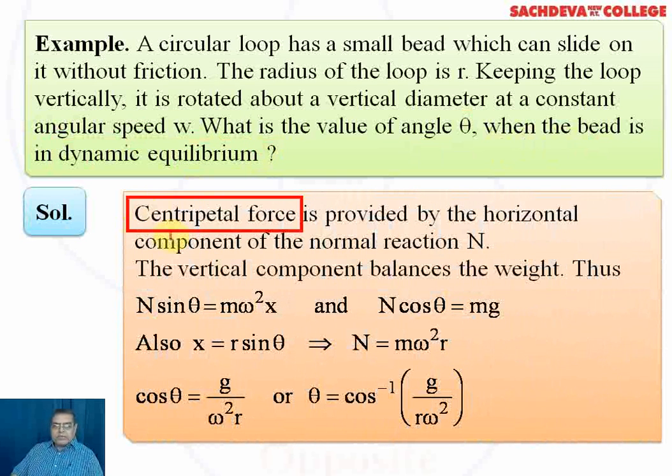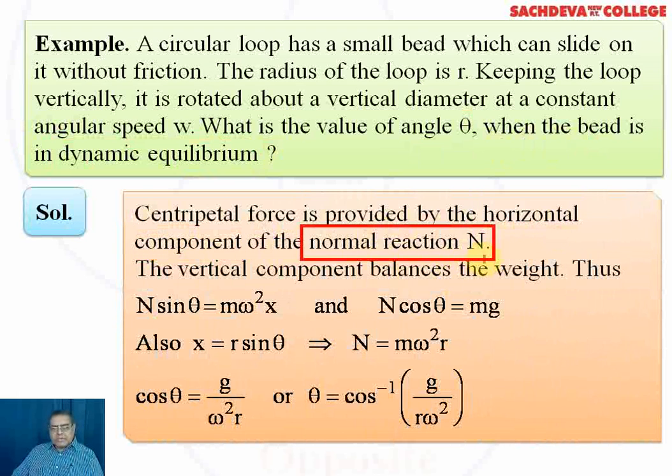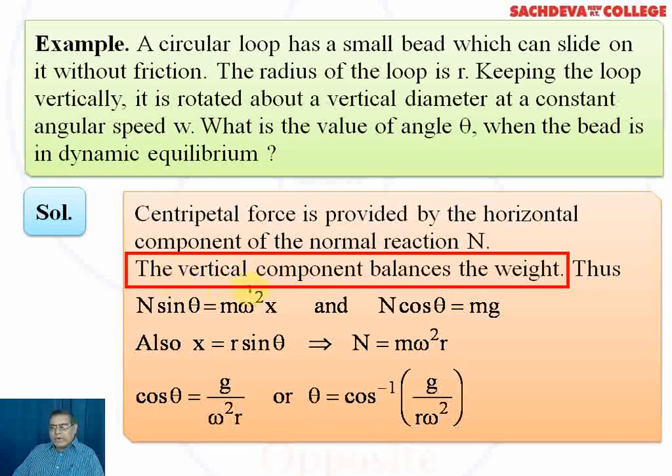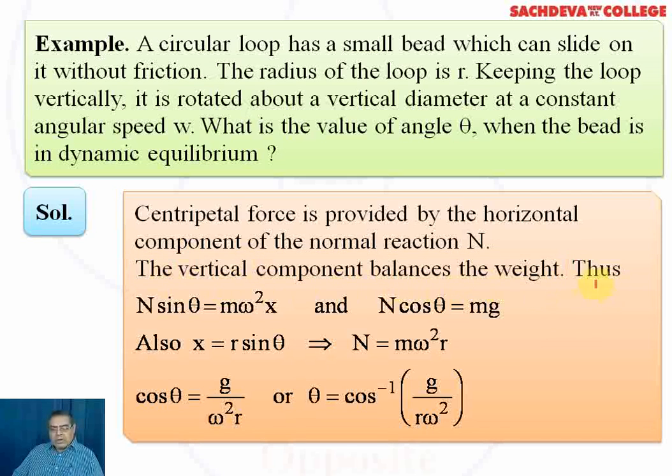Now the centripetal force is provided by the horizontal component of the normal reaction N. The vertical component balances the weight. Therefore, N sin theta is equal to m omega square x, and N cos theta is equal to mg, because mg is balanced by N cos theta and the centripetal force is provided by N sin theta.